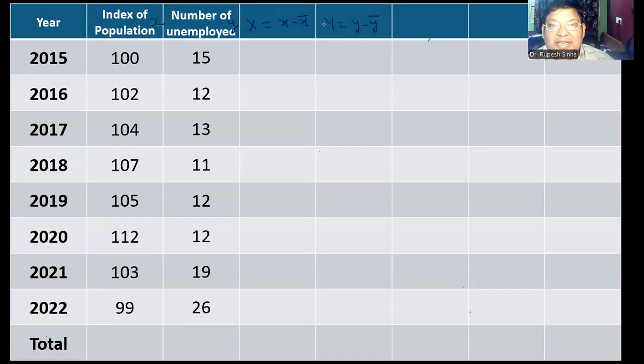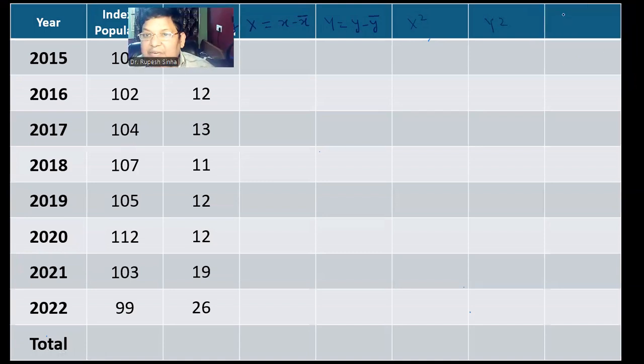So we need capital X square, capital Y square, and XY. If you see the formula, R equals summation XY divided by the under root of summation X square summation Y square. This was the formula which I wrote.